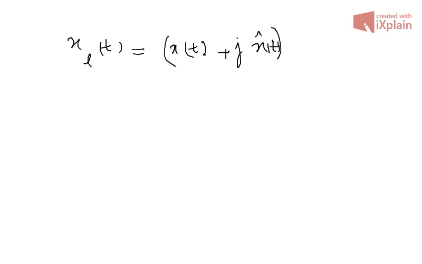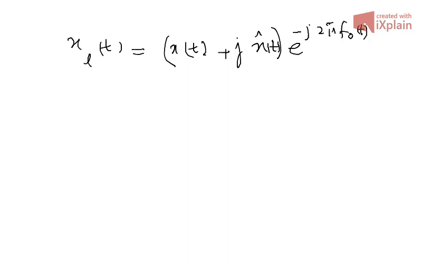Now, if we observe our equation x_l(t), we just derived the real and the imaginary parts, and from the above equation, if you see, we have e raised to the power minus j 2 pi f naught t.